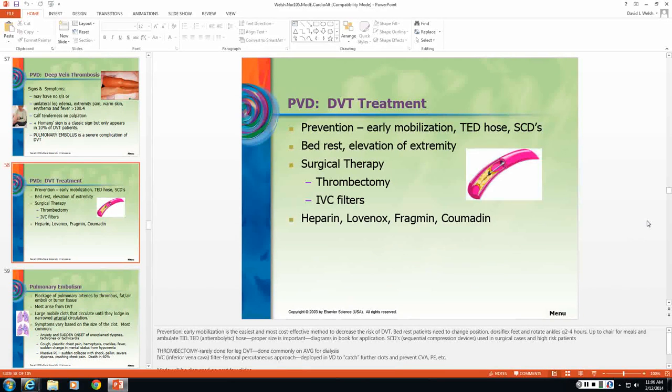These are a femoral percutaneous approach. Basically, they're employed to catch any further clots and to prevent any kind of CVA, PEs, that sort of thing.